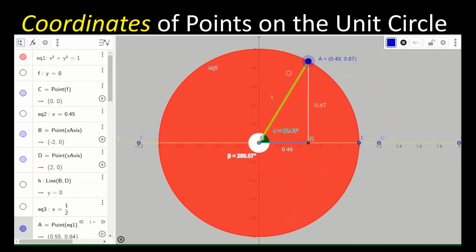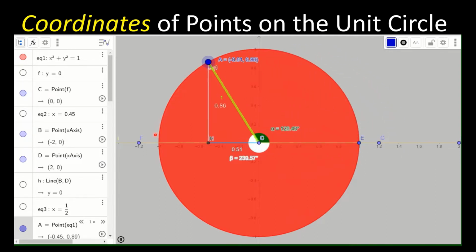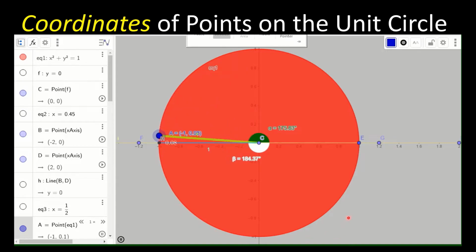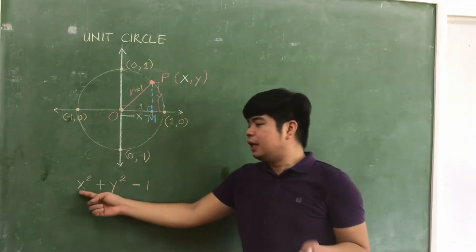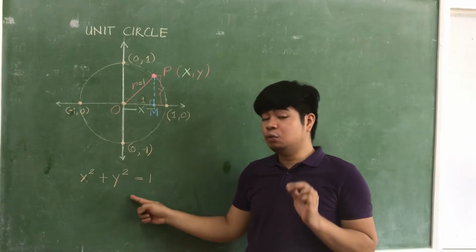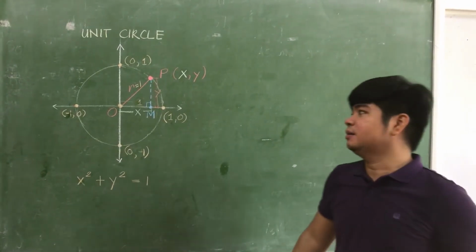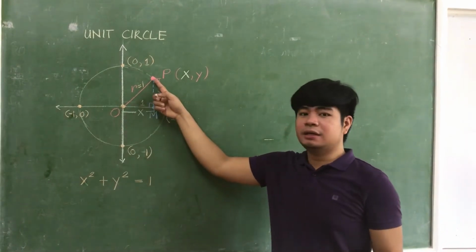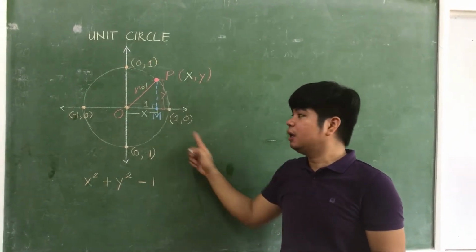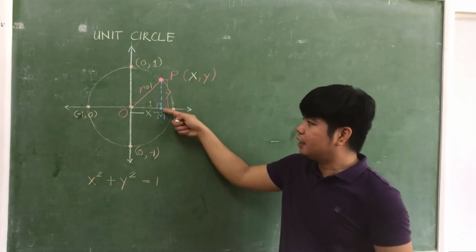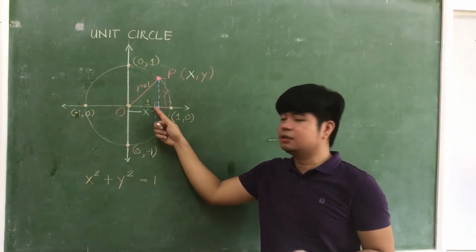Now all points are gathered. Now, x squared plus y squared is equal to 1 can still be derived using the definition of right triangles. Remember that OP here is the hypotenuse already. OM and PM are the sides of a right triangle.